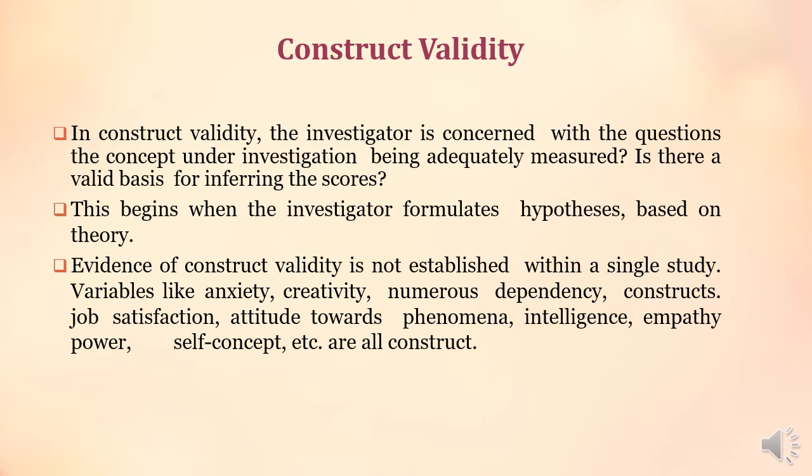So that is the construct. Then, evidence of construct validity is not established within a single study. Variables like anxiety, creativity, dependency, job satisfaction, attitude towards a phenomenon, intelligence, empathy, power, self-confidence, those are the constructs. Fine.